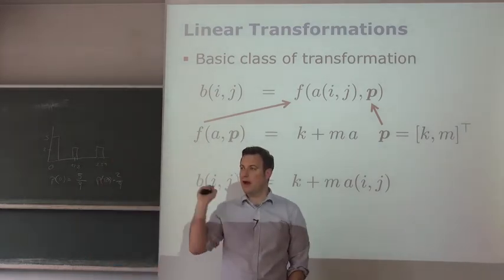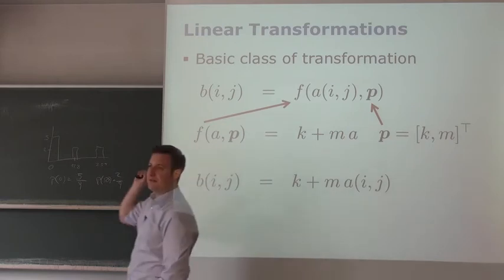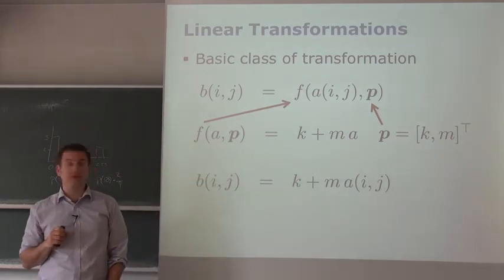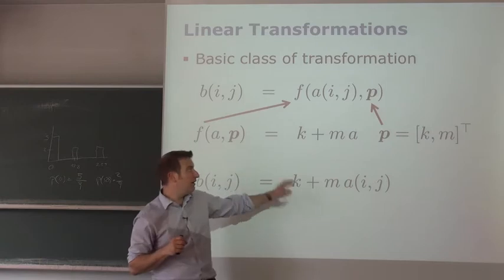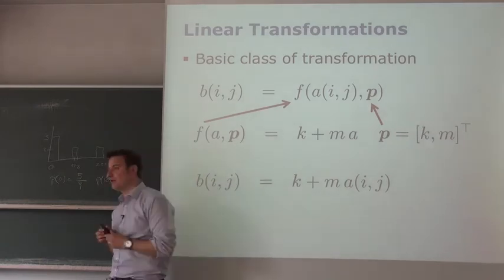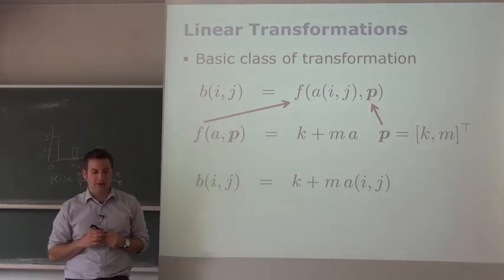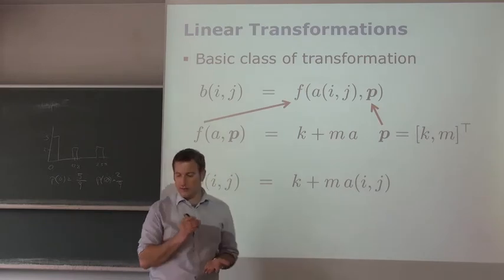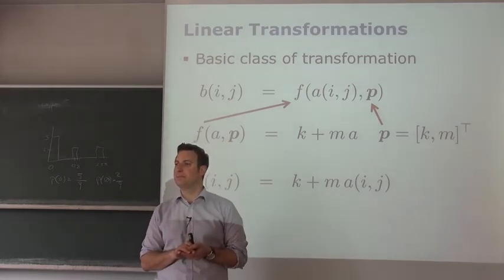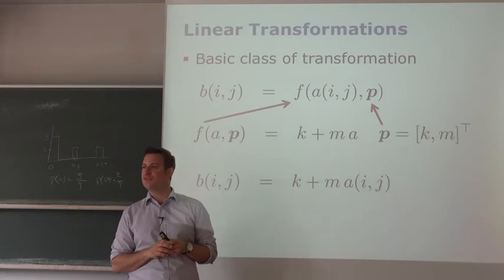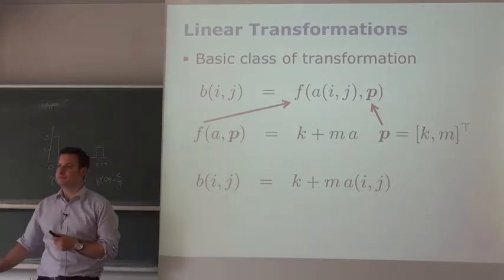How does this transformation change the mean and the variance of the histogram? If I compute the histogram of A and transform it through that function, how does it change the histogram of B? Does the histogram stay the same or is it changed?